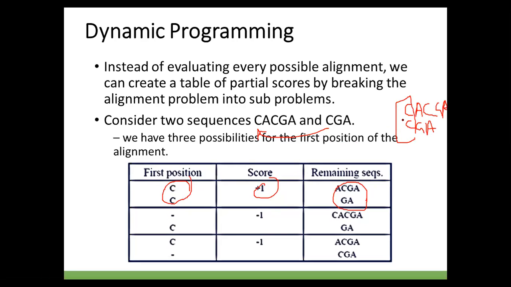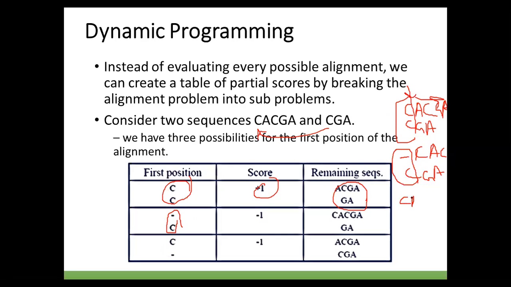Then we can move this one a bit to this side and develop something like this: a gap, C, A, C, G, A, and we are not moving this anywhere, C, G, A. So in the first position now we have a gap and a C. For the first one we have two elements, the second one we have a gap and an element, and the third possibility for the first column is a gap in the second sequence.